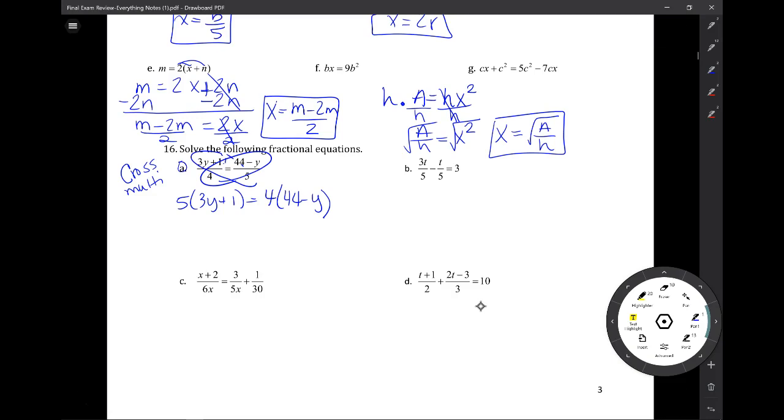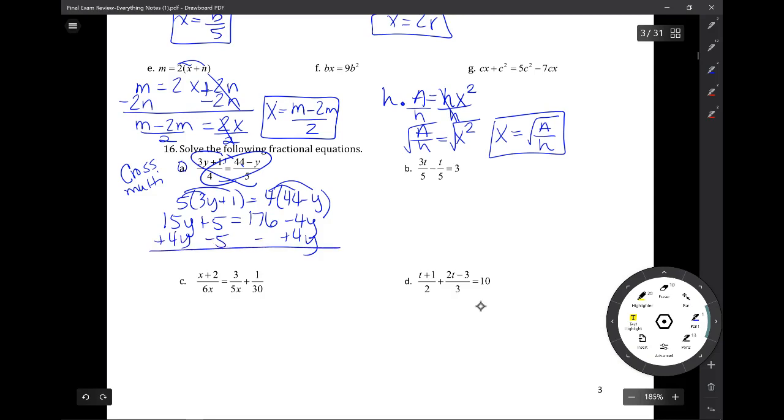So a common mistake is when kids cross multiply, they lose the equal sign. If there's an equal sign in the problem, it's an equation. So you want to stay consistent and keep the equal sign in there. All right, so now all I did was I distributed on both sides. I can add my 4y to the other side.